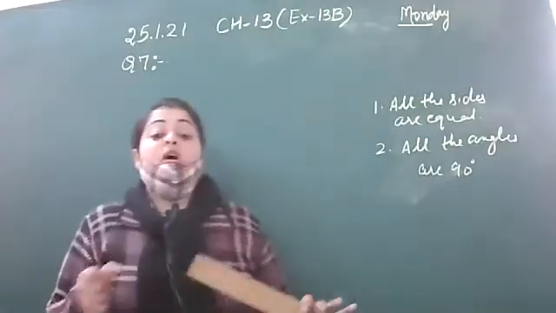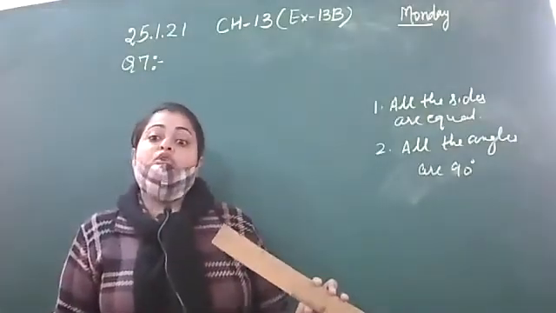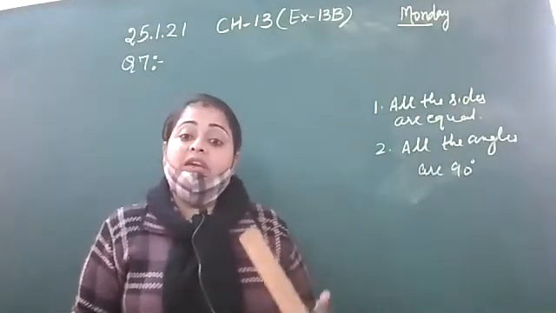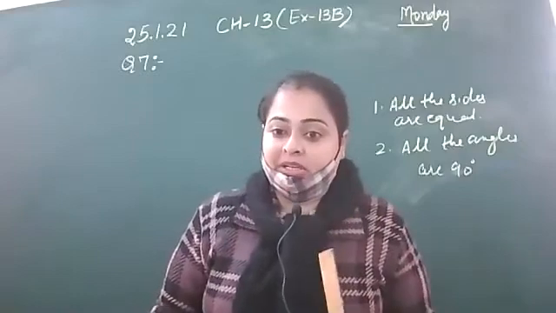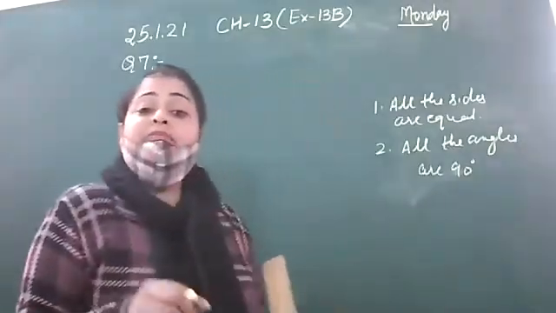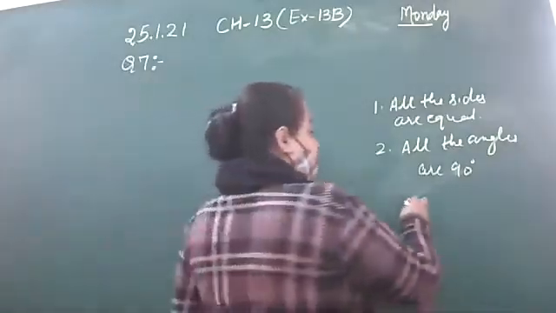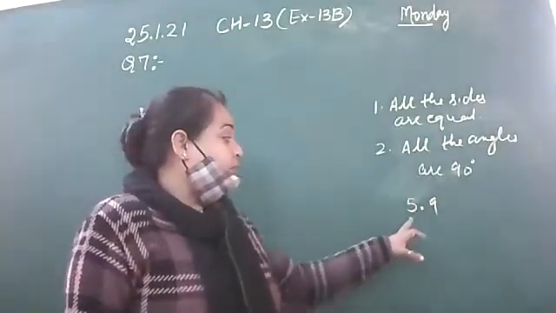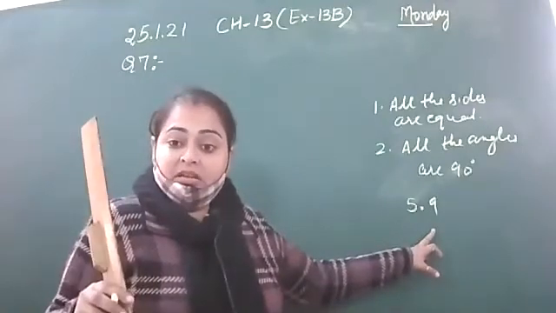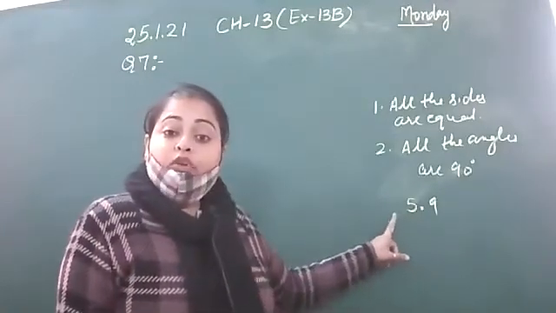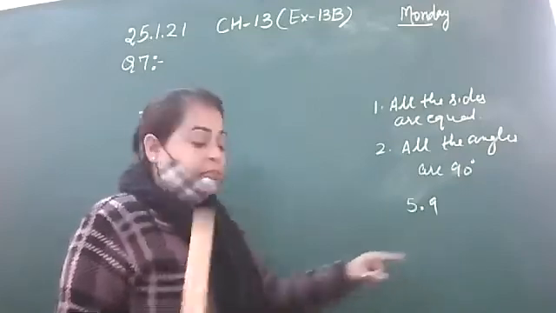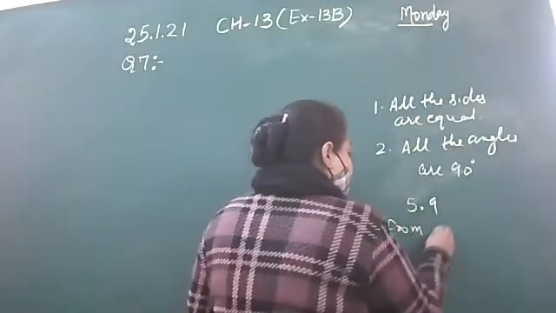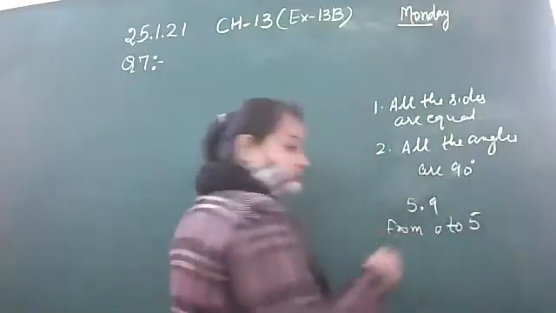Now, with the help of a scale, you will draw a line segment of side 5.9 centimeter. How will you represent 5.9 with the help of the scale? First of all, on your scale, move from 0 to 5.